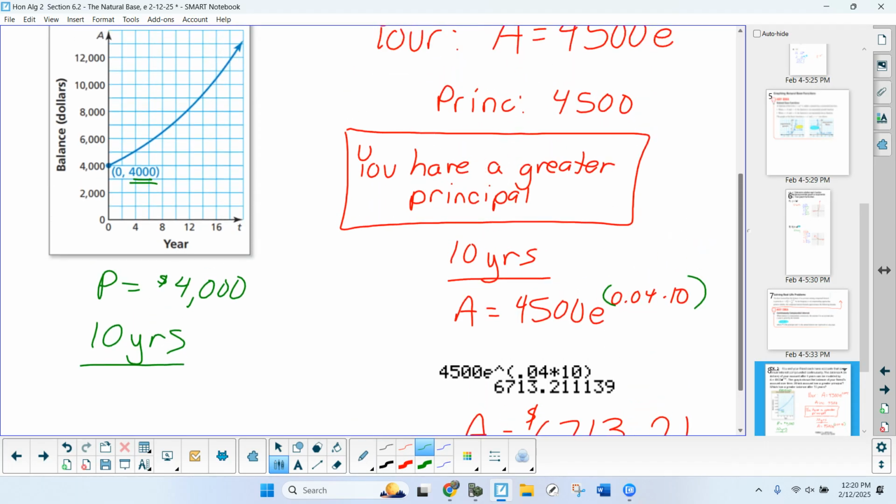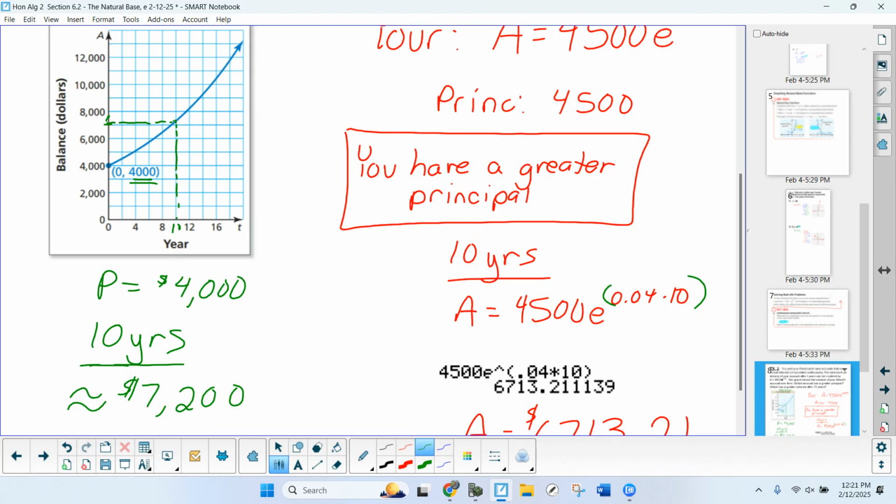So let's go to 10 years. 10 years would be here. Go up and go over. So about how much do they have? 7,200, 7,100. I'm not sure it's quite up to 7,500 in the middle. It's not quite that high. So that's approximately 7,200.